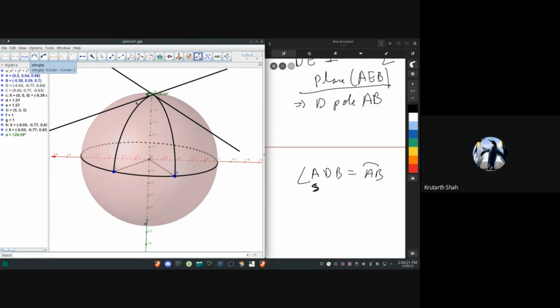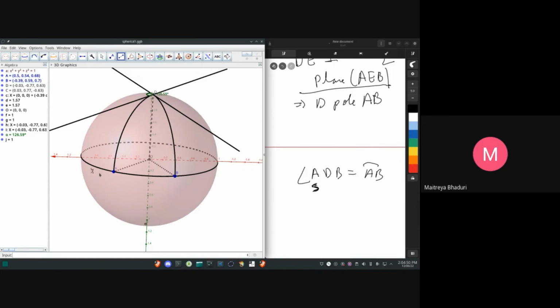So note that the line tangent to the circle AD and passing through D is parallel to OA. Why? DOA is perpendicular, 90 degrees by definition, and that is perpendicular to the tangent.